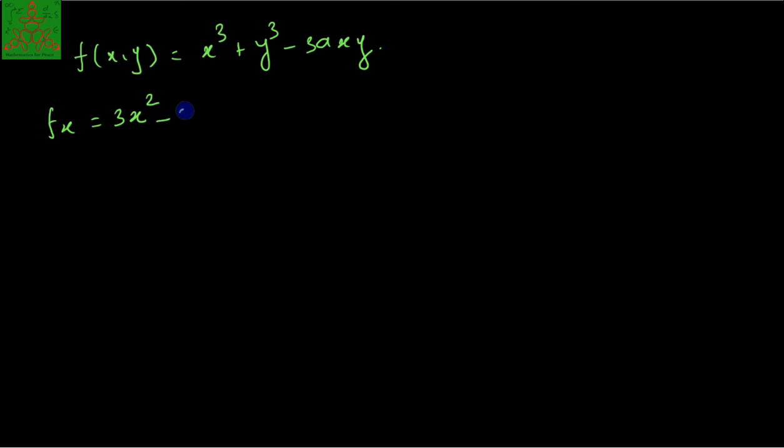So the example is the same: find the double point of the function as well as calculate which type of double point it is. The function given is f(x, y) equal to x cubed plus y cubed minus 3axy. The first step is to calculate fx, which is 3x squared minus 3ay. fy you will have 3y squared minus 3ax.